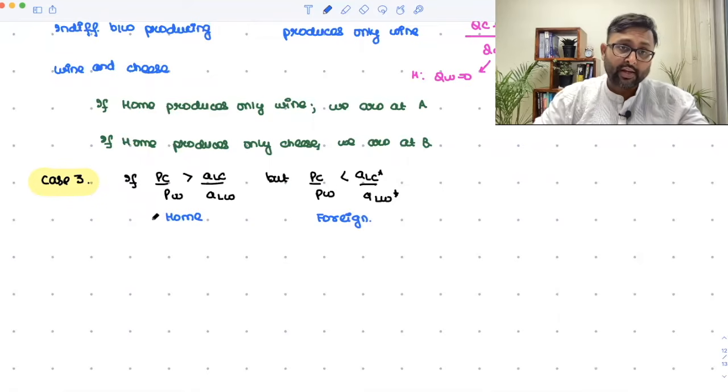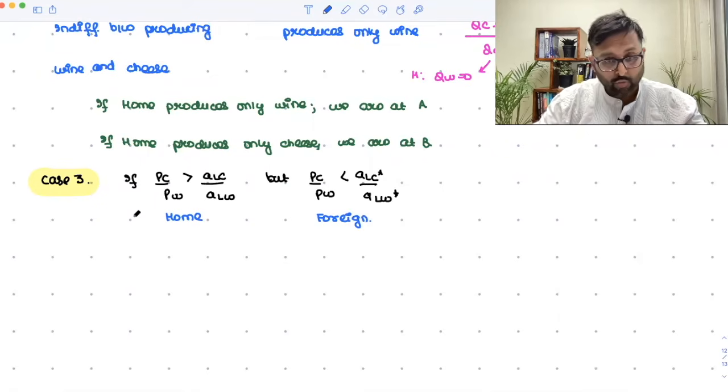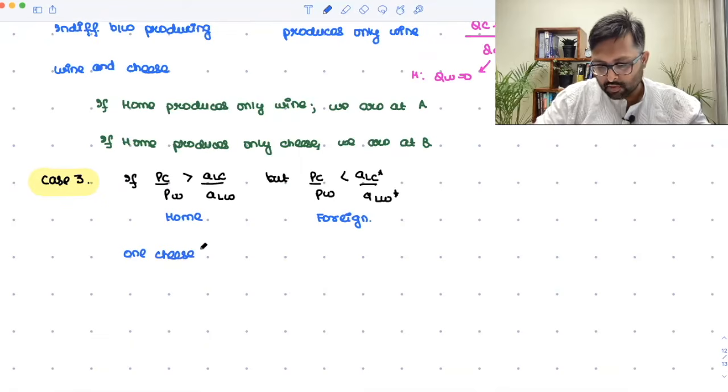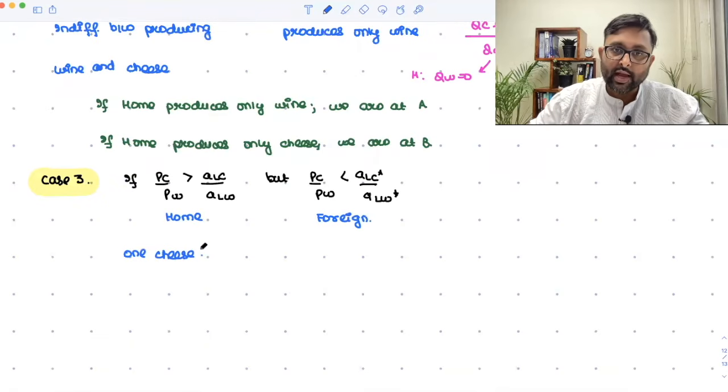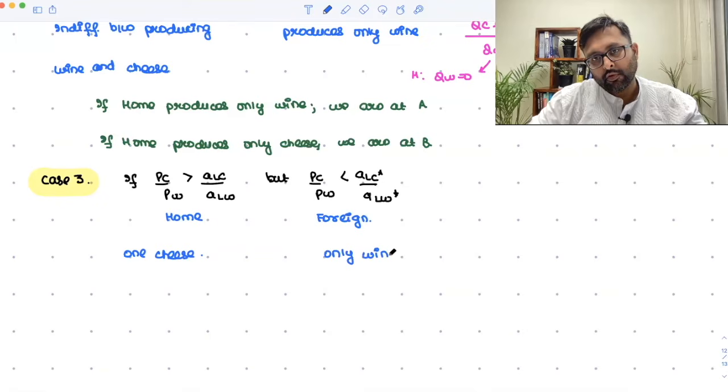So if relative price of cheese is more than the opportunity cost of cheese, home will say, fine, I am going to produce only cheese. And if the relative price of cheese is less than the opportunity cost of cheese, foreign will say, why will I produce cheese? Relative price is lower, I will produce only wine. Foreign is going to produce only wine, right?